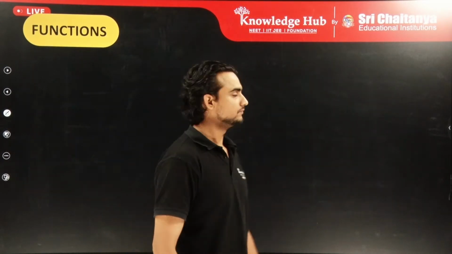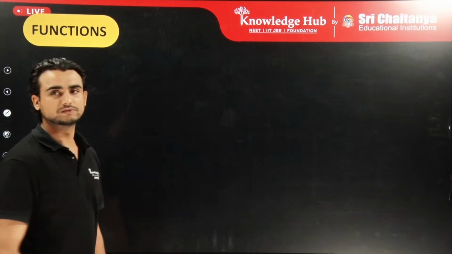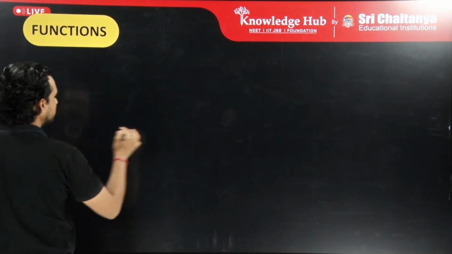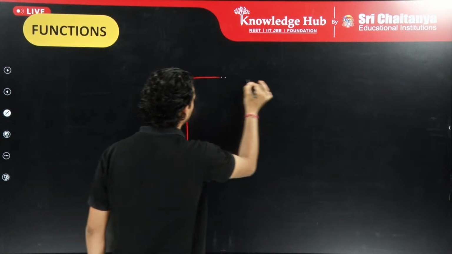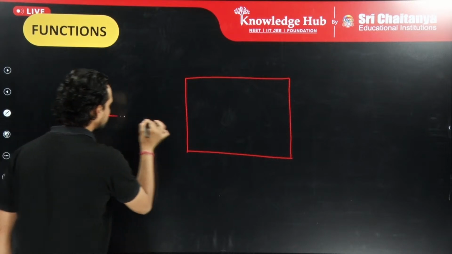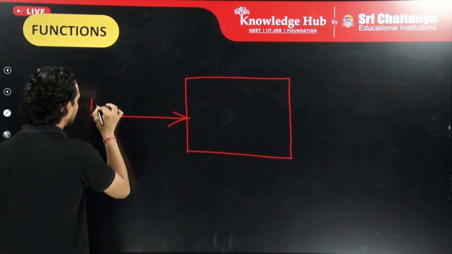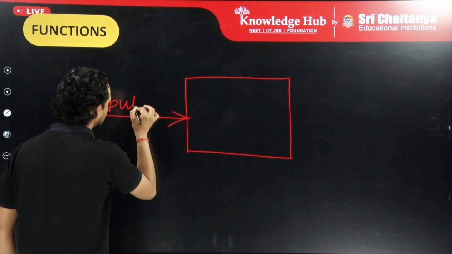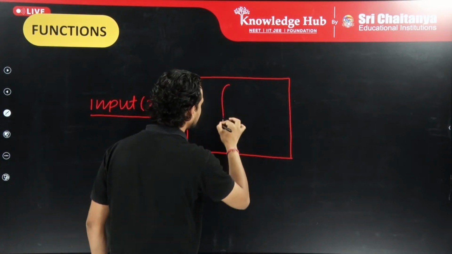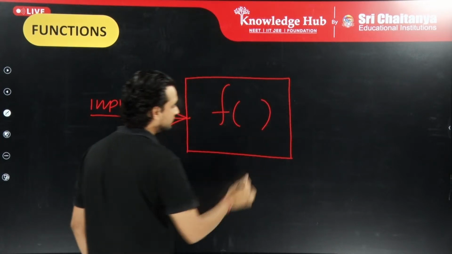Let's move forward. So what is a function? Let's first recap function. In a function, let's say this is some box, and in this box I give some input. Let's say this input is x, and this box or machine is f, right?